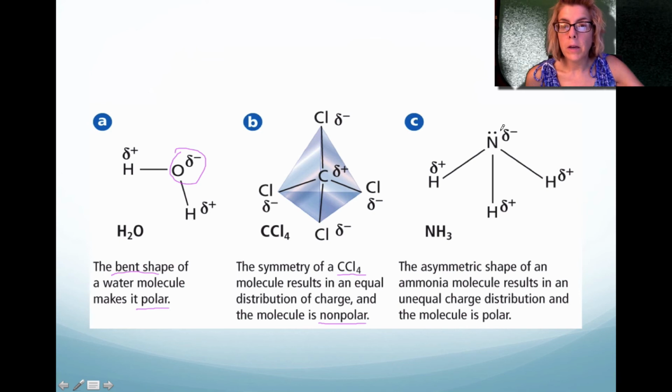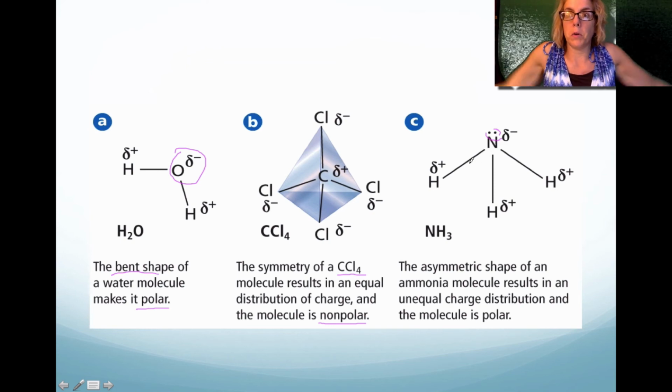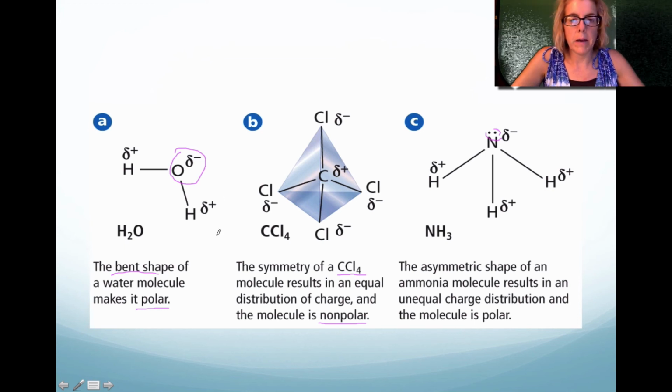Now, here we have nitrogen, and nitrogen has a lone pair of electrons on top of it, and here we have the VSEPR, the bonds that are being pushed down as a result of that non-bonding pair. And as a result, we get an asymmetric shape, and we have an unequal distribution of the charge. So as a result, we have a polar molecule.